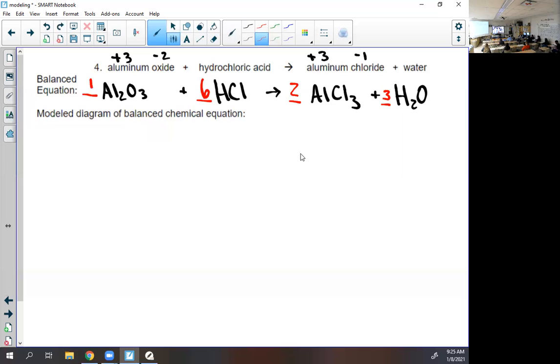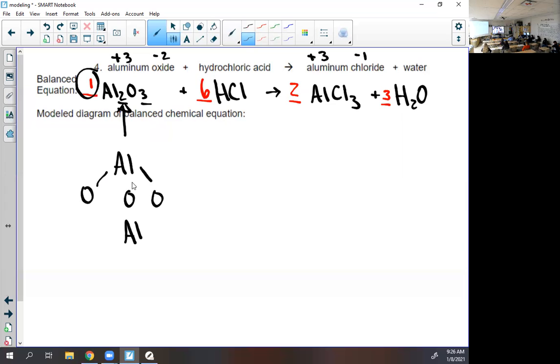All right, drawing this. Hopefully, you're okay drawing Al2O3. We're going to draw one thing, which is 2 things connected to 3 things. We've been doing this for weeks. If we ever have a 2 to 3, we build like that little diamond formation. We have an Al, and then we'd have the 3 things in the middle.